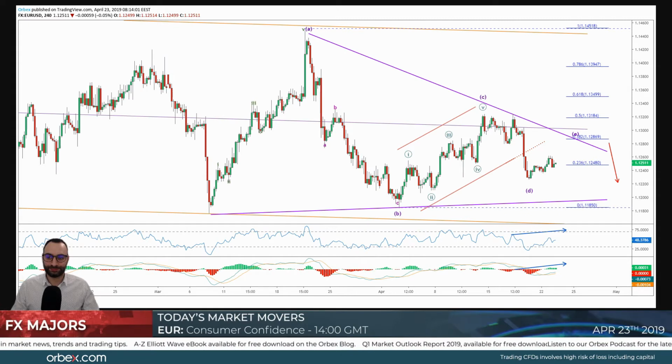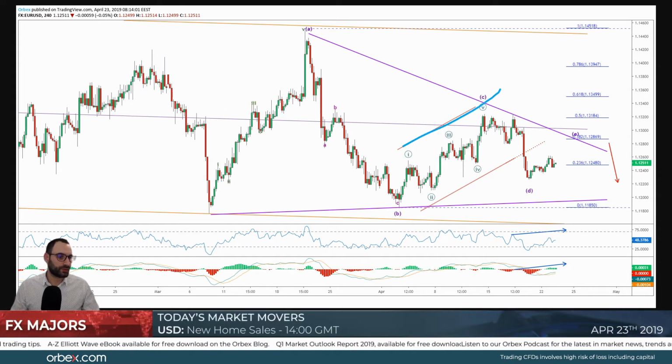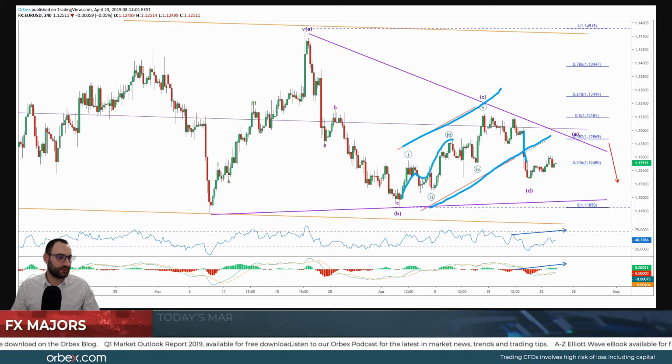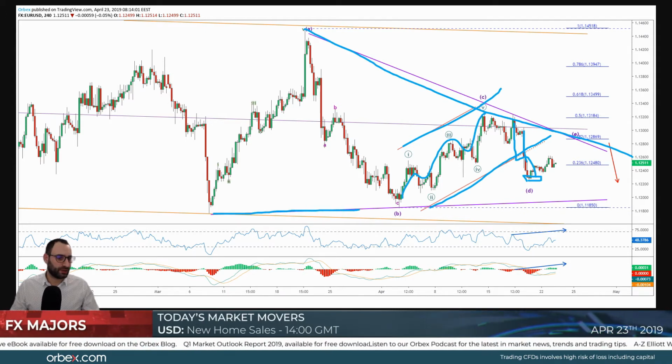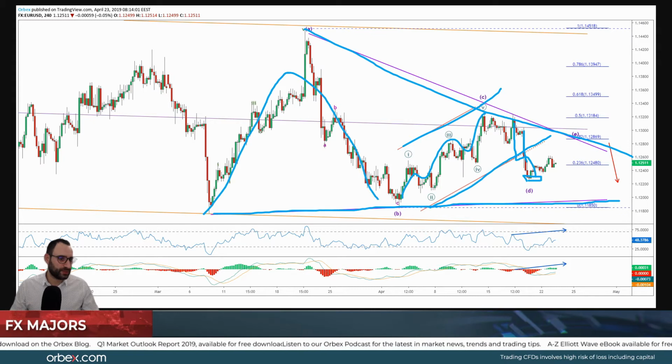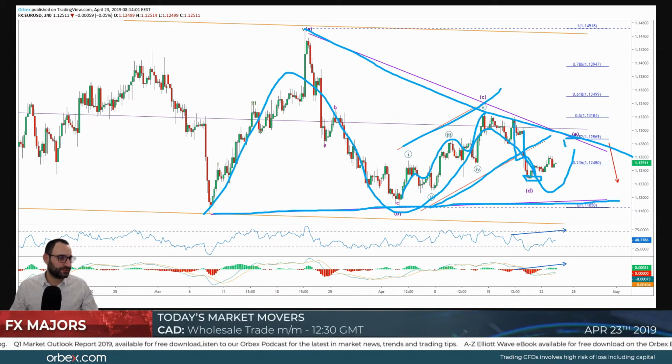On the 4-hour, we saw prices the other day breaking below this ascending channel, and after completing this impulse wave, we finished over here with wave C. Because we are in some sort of triangle pattern, I would expect this move to end around 1.1280, as I said also on the daily.